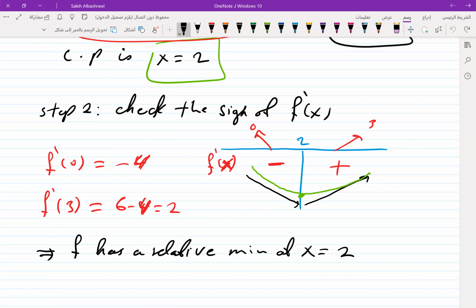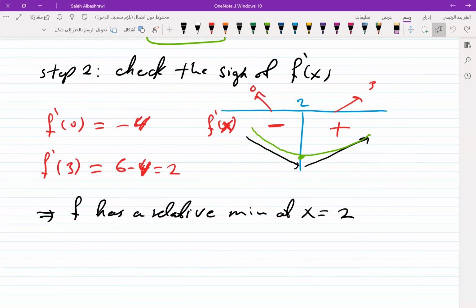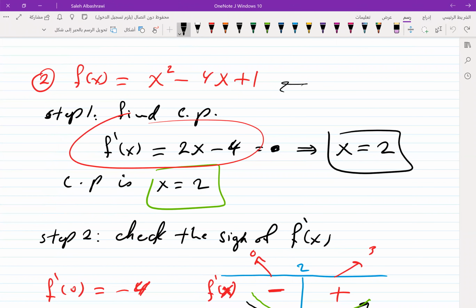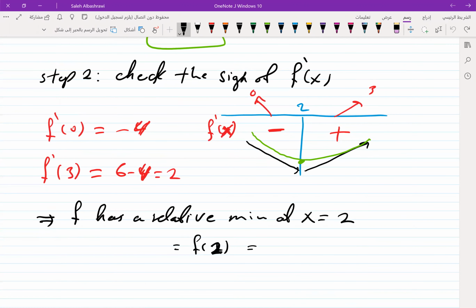And the value of the relative minimum will be equal to f of 2. If you replace x by 2 in the function, I get 4 minus 8 is minus 4, plus 1 is minus 3. So minus 3 is a relative minimum. F of 2, which is equal to minus 3, is a relative minimum.